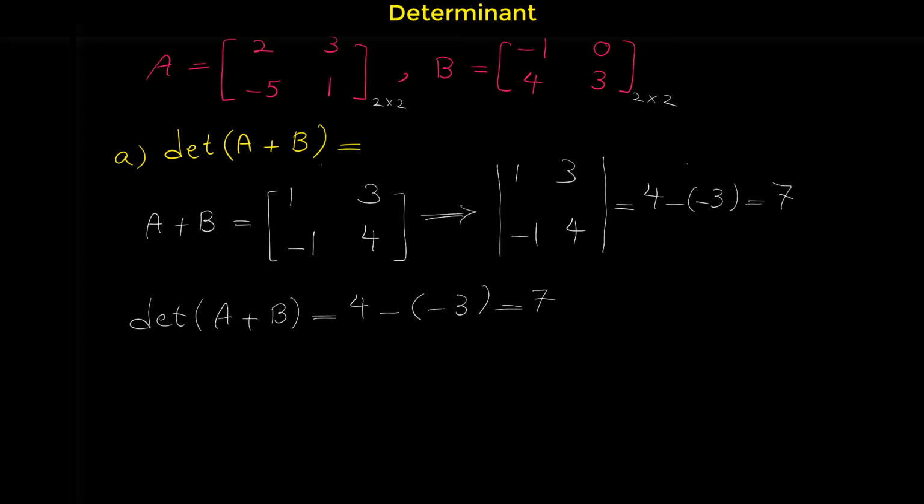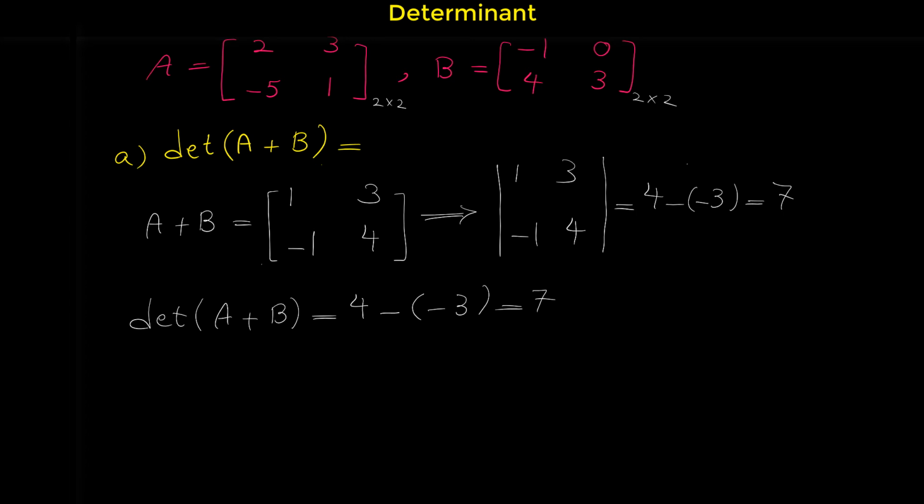So again, it's important to know the difference between these notations. This is just a number, as you can see, but this is an array of numbers. So it's important to pay attention to the notations in mathematics. When you have square brackets like this, it's a matrix, but this is just a number. There is no difference between this and just the number 7.